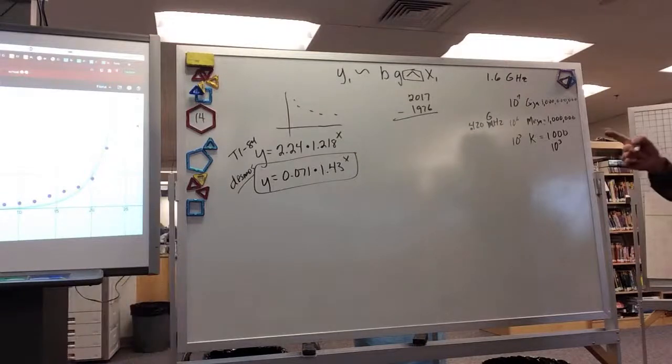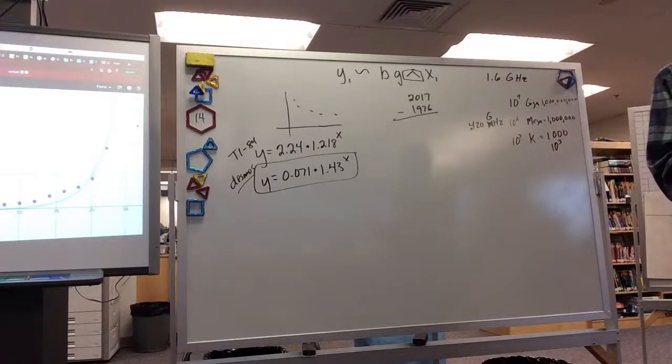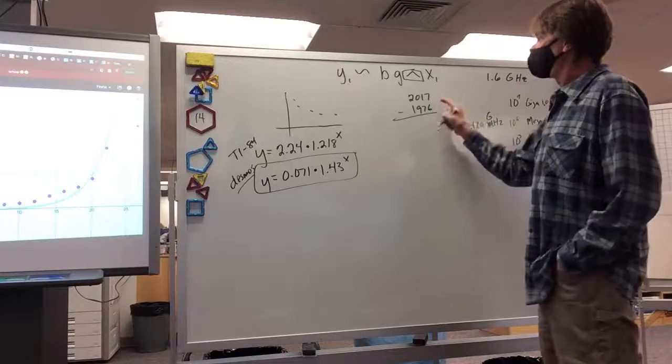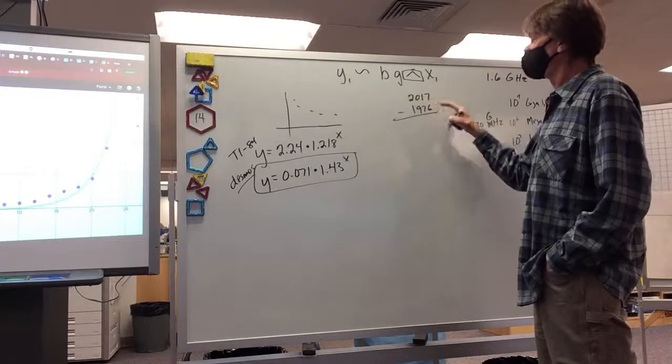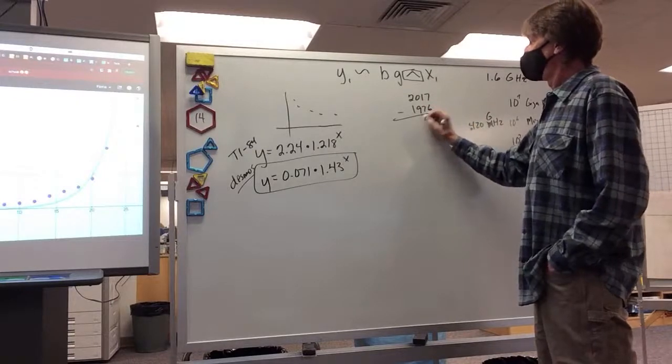What I want to do is figure out what that line would predict your computer to have for its processing speed. How many years has it been at 2017 since 76? Just 41, plus 41.